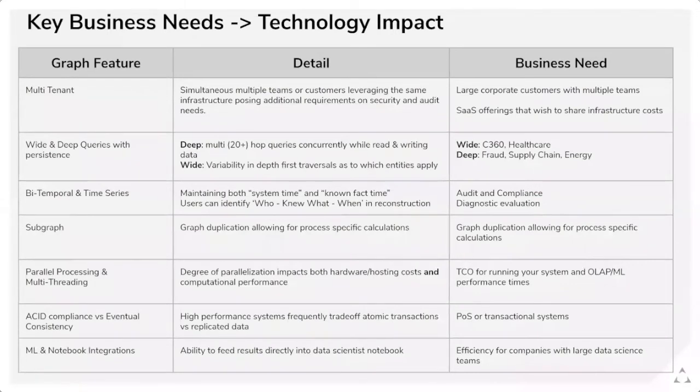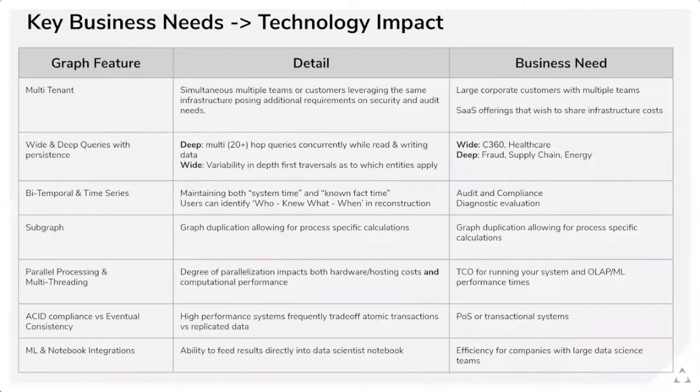That use case almost never exists. Consequently, what you see here is parallel processing and multi-threading, where maybe I can take a 1 terabyte database and shard it across 10 different servers. What that allows me to do is both keep hardware costs down and also have computational performance where I can do 1/10 of the job across each of the 10 nodes and then compose the answer once they're all done, right? So parallel processing and multi-threading is something you see frequently.